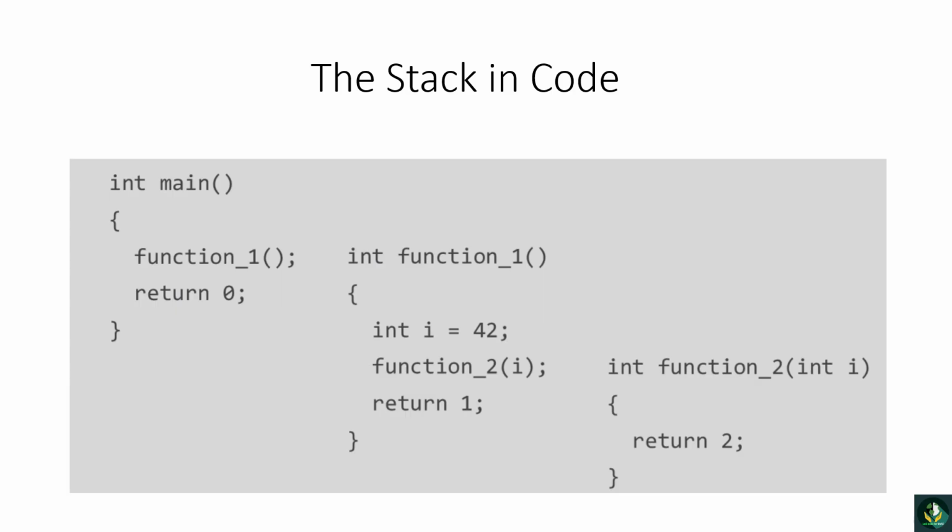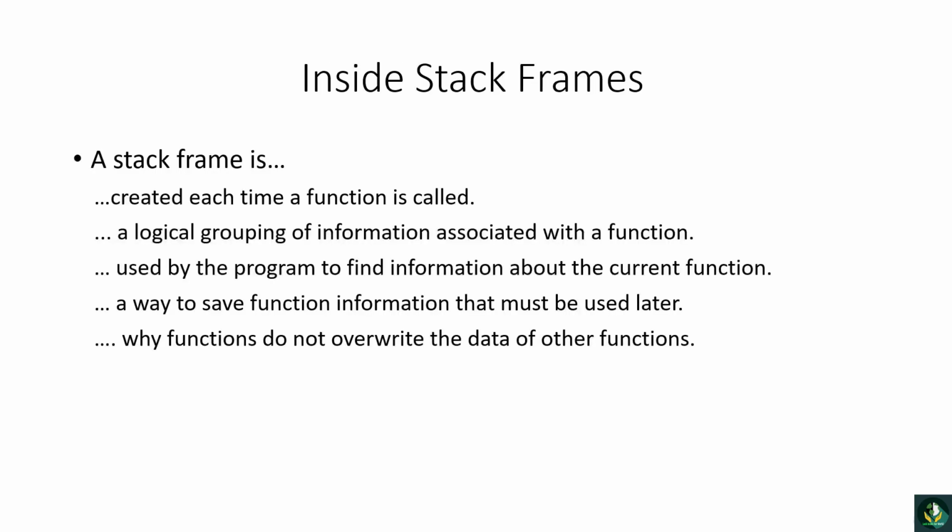So what is happening on the stack during all those function calls and returns? I previously said that each time a function in a program is called, a new stack frame is created for that function. A stack frame is a logical grouping of data pushed onto the stack, which is information used by the program when executing the function.